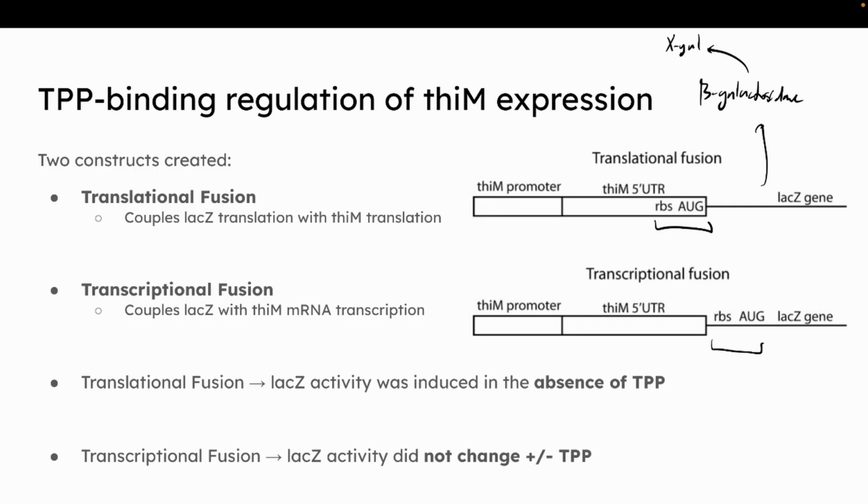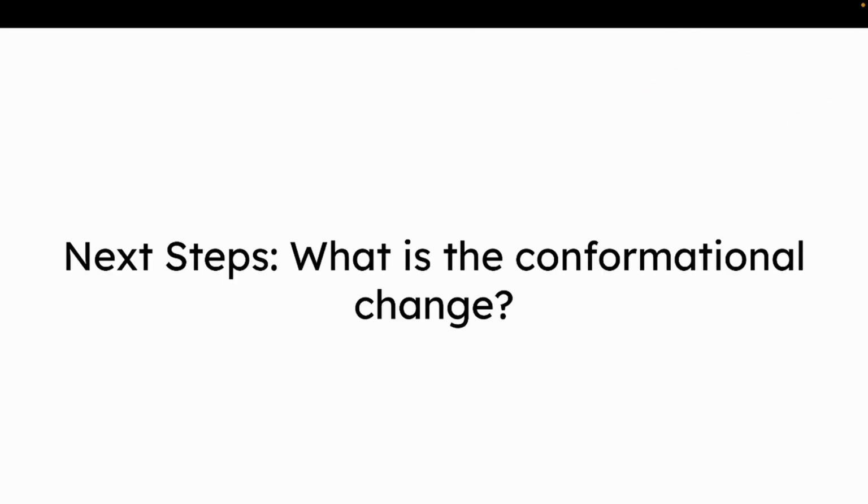In the translational fusion, we were able to see that indeed there was translation, because when there was no TPP, this ribosome binding site was open, and that ended up translating the LacZ gene, therefore producing beta-galactosidase, which we assayed for.